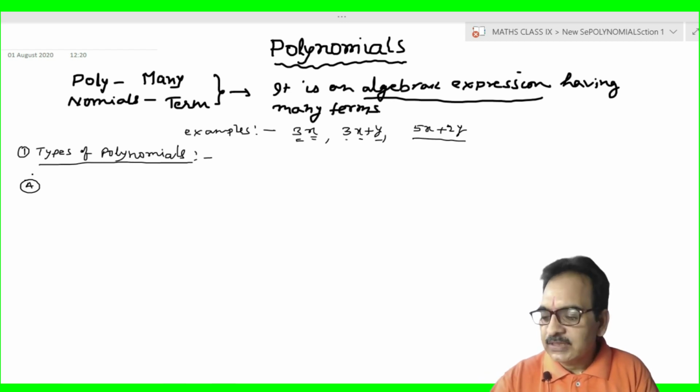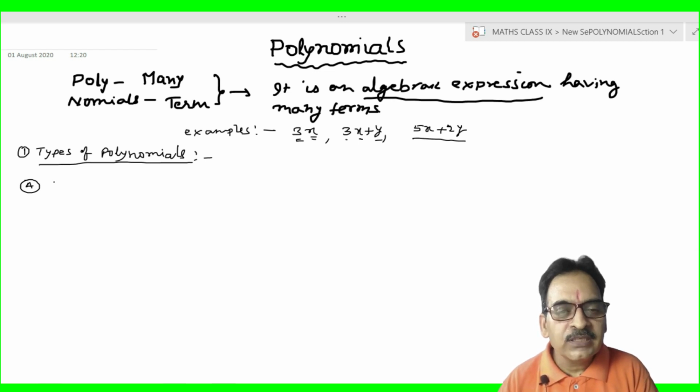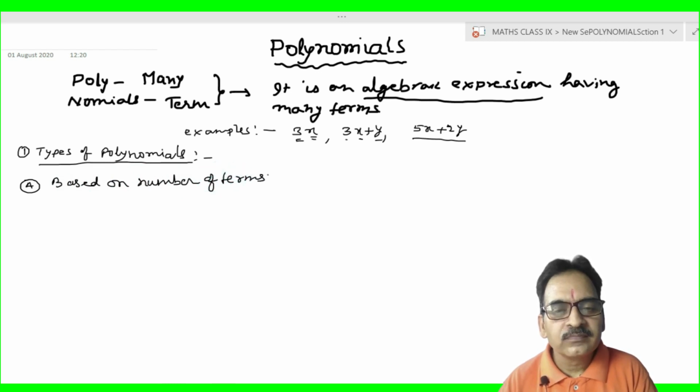Okay, so first we classify by the number of terms. So on the basis of number of terms, the first type is called monomials. So monomials are those algebraic expressions having only one term.